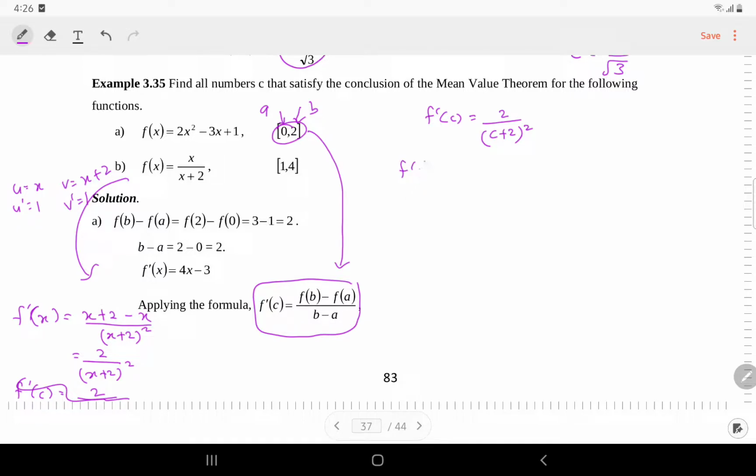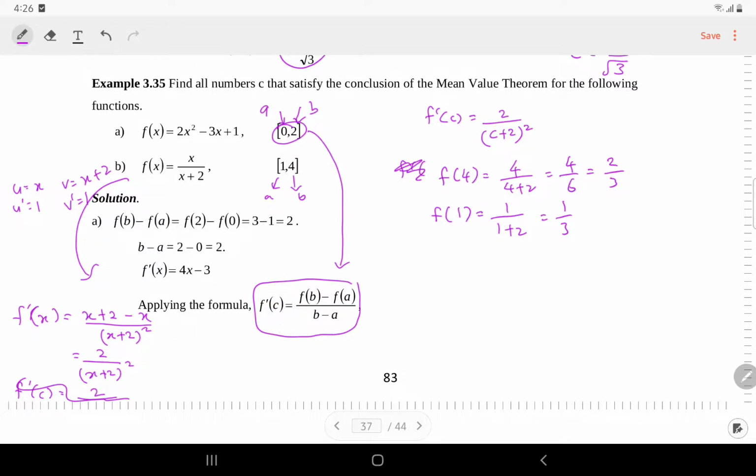And then we need to find f(b). So this is our a and b. So f(b) is f(4), 4 divided by 4 plus 2. So jadi 4 over 6 equals 2 over 3. And then our f(a). Our a is 1, so f(1) is 1 divided by 1 plus 2.